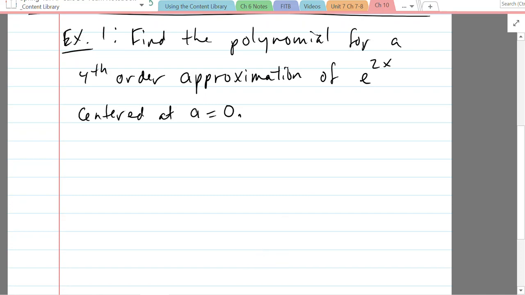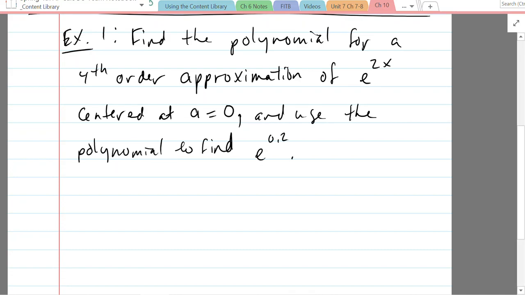And we're going to use the polynomial to find e to the 0.2. We're going to approximate it.